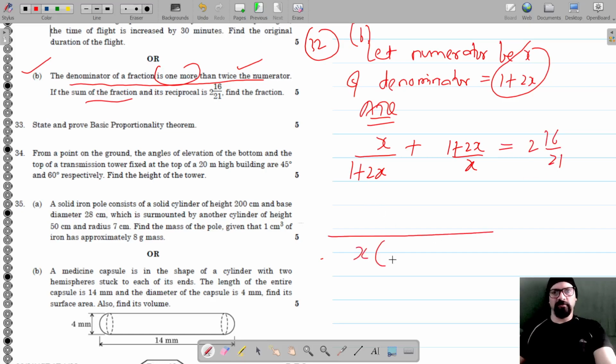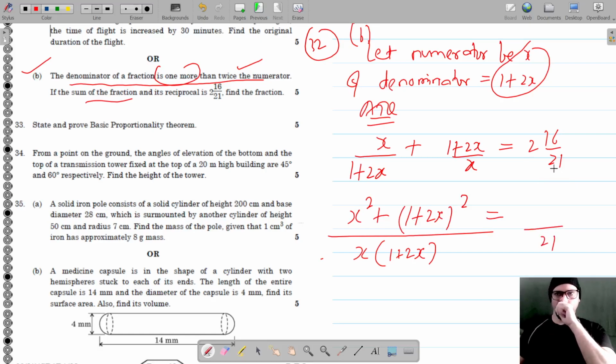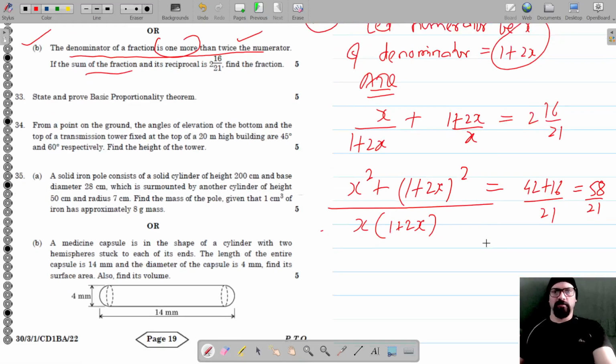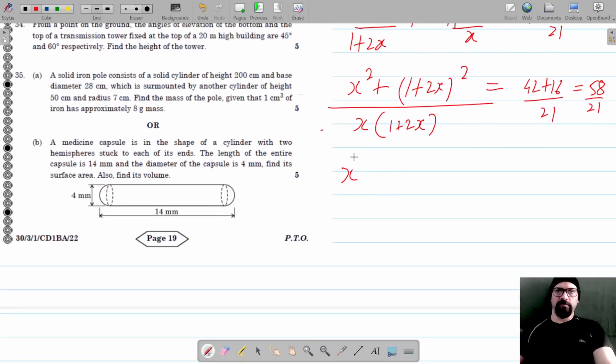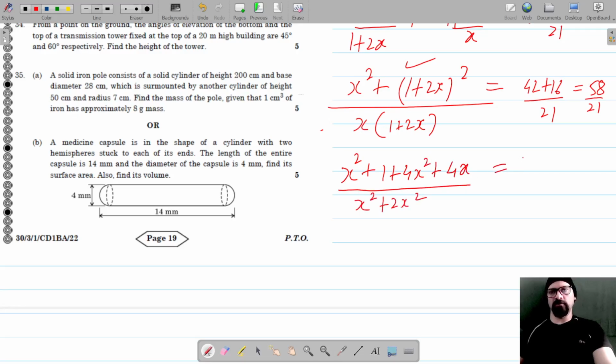Okay, let's take the LCM here. So this is x squared plus 1 plus 2x the whole squared, over x into 1 plus 2x, is equal to 58 by 21.